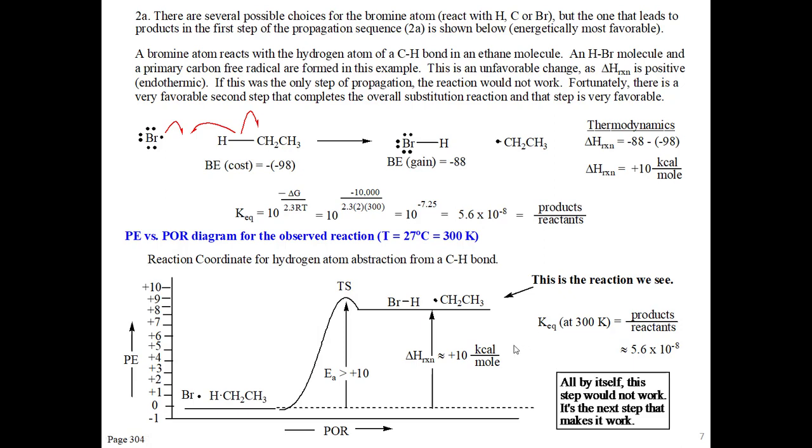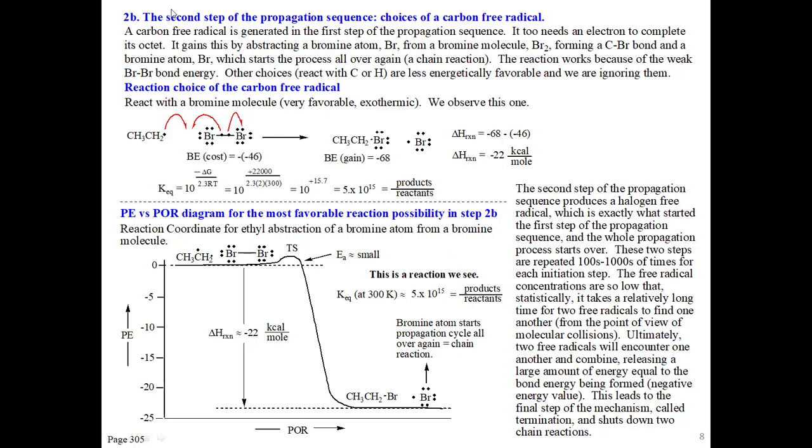However, if we add in that second step, 2B, now the carbon-free radical comes over and strips a bromine atom out of the bromine molecule, and leaves behind a bromine free radical. This is really favorable because it only costs 46 to break this bond, but we gain minus 68 by making this bond, which is the actual product that we want. So overall that's minus 22.